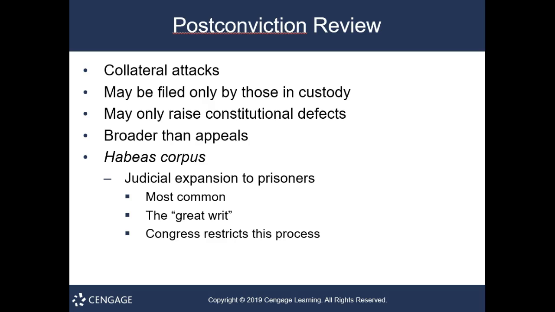And they're typically civil matters, but they're filed against the prison warden, the chief administrator of the state's Department of Corrections, for any of a number of things: cruel and unusual punishment, negligence, failure to protect certain constitutional rights, whatever it may be. These challenges come up all the time, and it's not too infrequent that this is another review that has to be made by appellate courts based on these collateral attacks that are typically civil in nature.